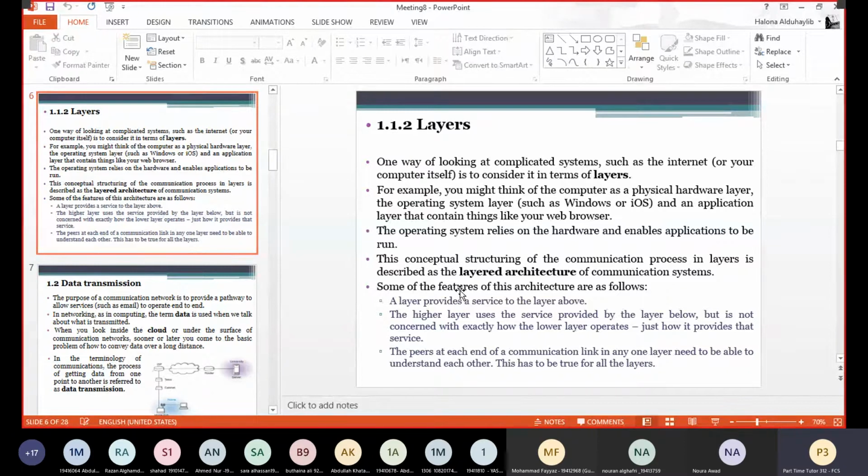Some features of this architecture: a layer provides a service to the layer above. Here, the application will provide service to the operating system, and the operating system will provide service to the screen and the other hardware layer. The higher layer uses the service provided by the layer below.